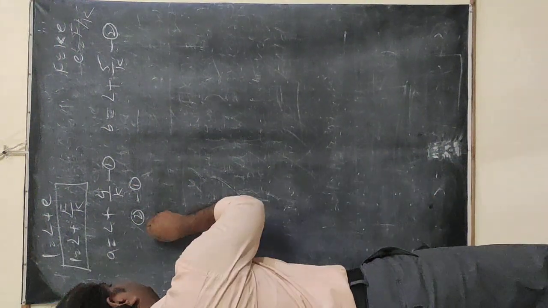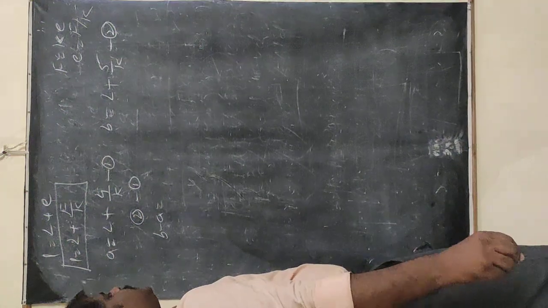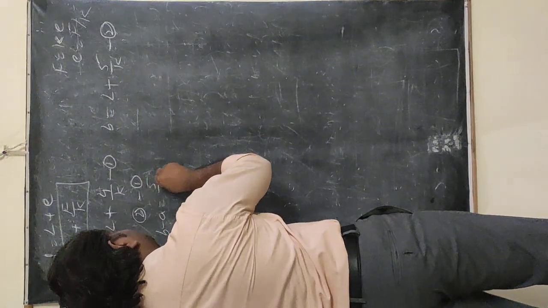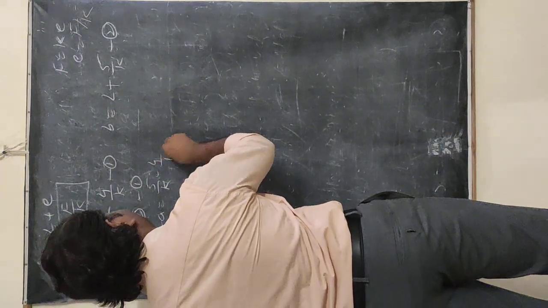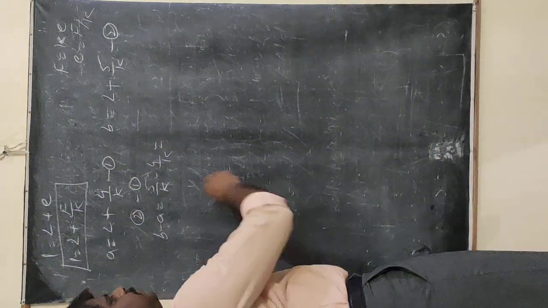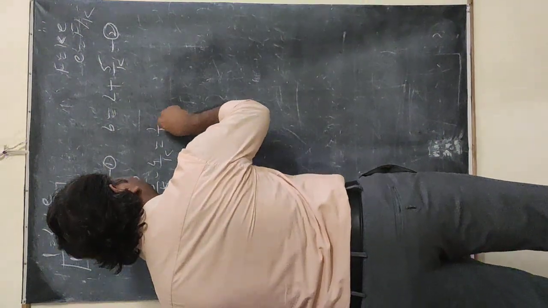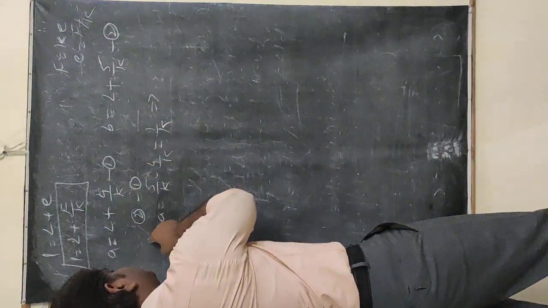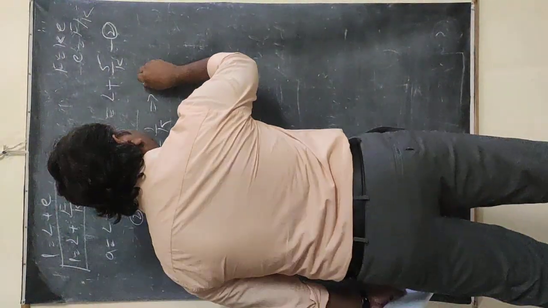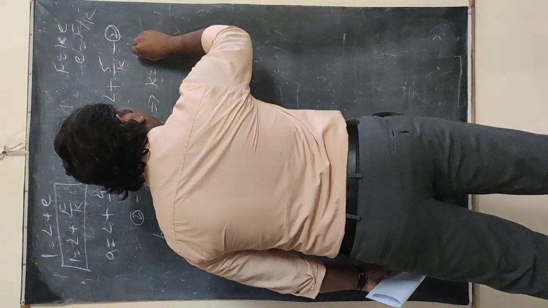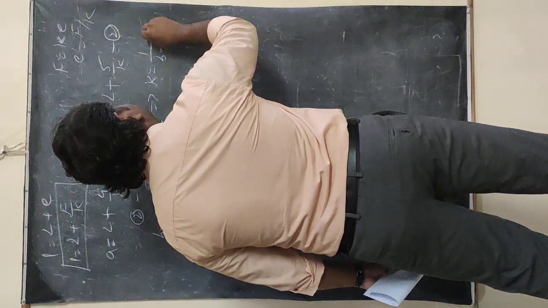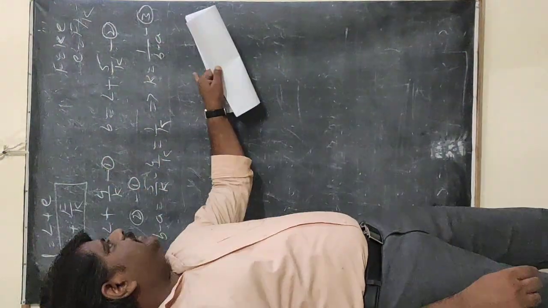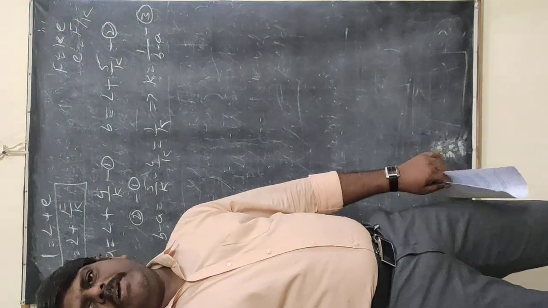That gives B minus A is equal to, L minus L cancelled, 5 by K minus 4 by K, which is 1 by K. That implies K goes to the numerator and B minus A goes to the denominator, so K is equal to 1 by B minus A. This is equation number 3. So the spring constant is calculated.